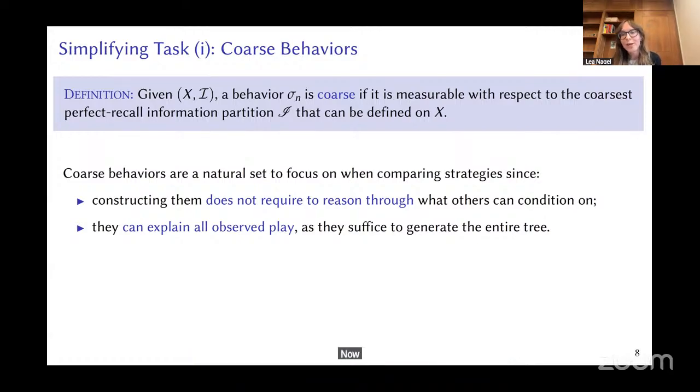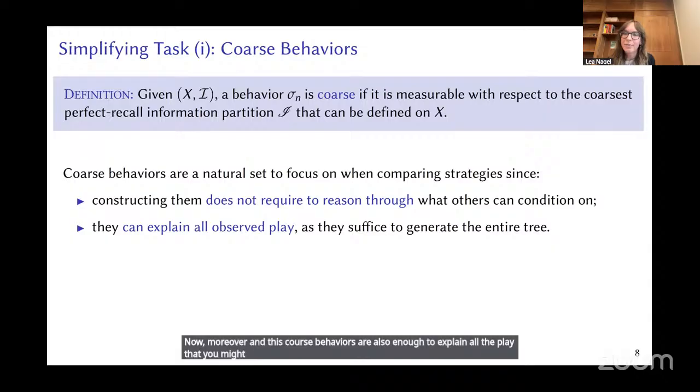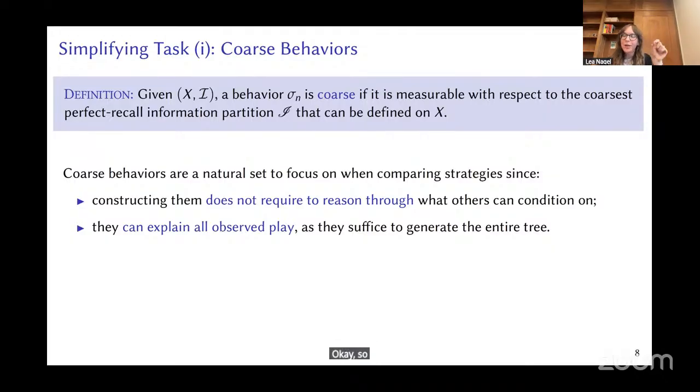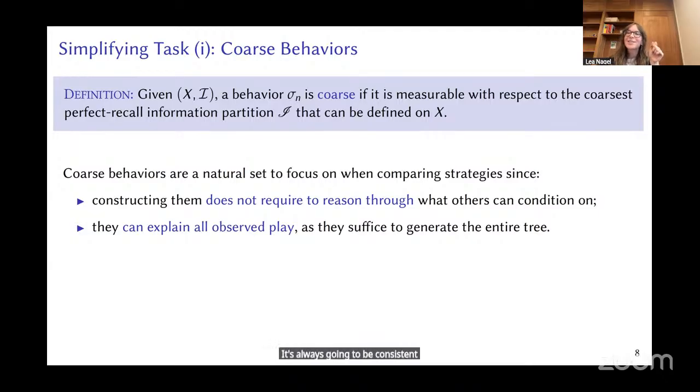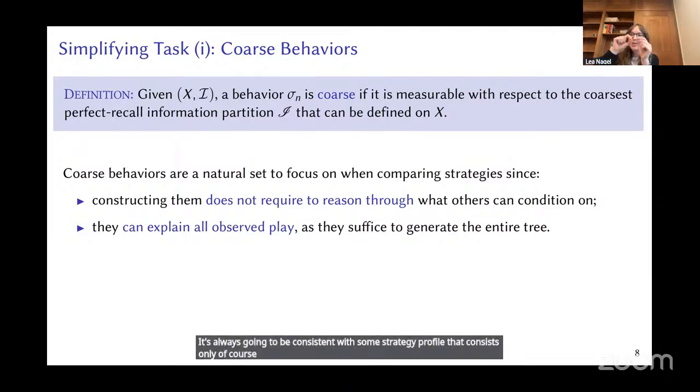Now, moreover, and crucially, these coarse behaviors are also enough to explain all the play that you might observe throughout the mechanism. Okay, so wherever I call you to play in the mechanism, whatever history we have reached, it's always going to be consistent with some strategy profile that consists only of coarse behaviors, because you're never going to observe the counterfactual, right?